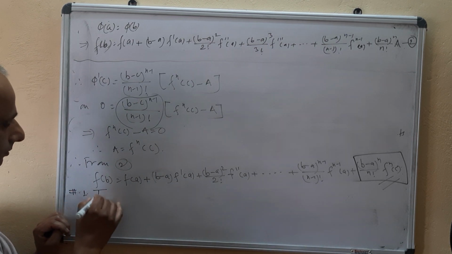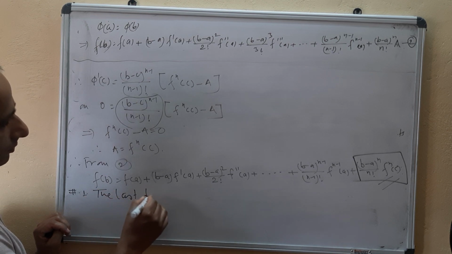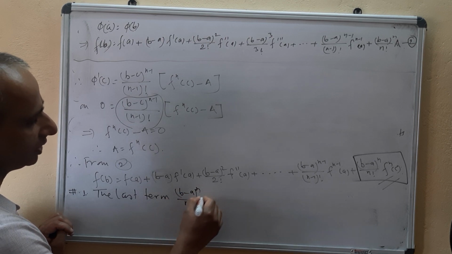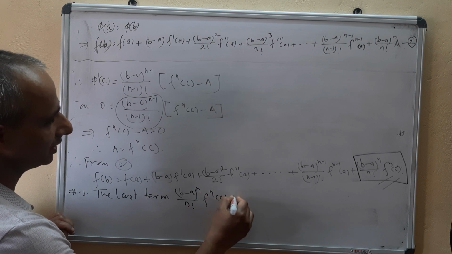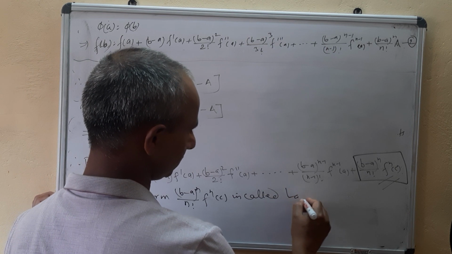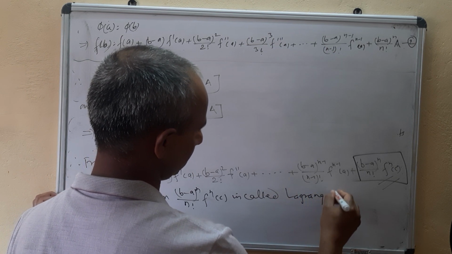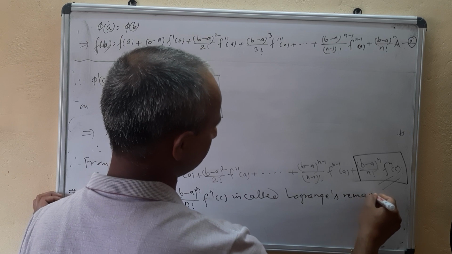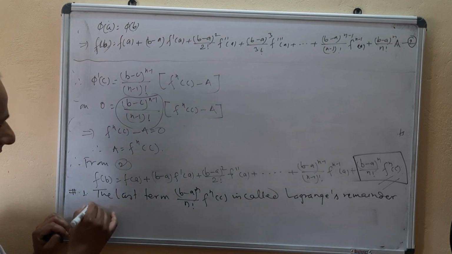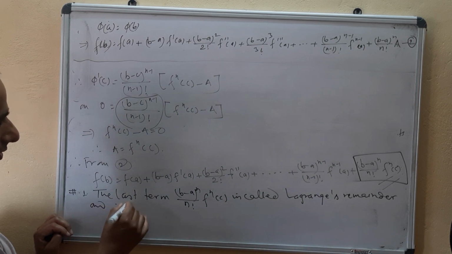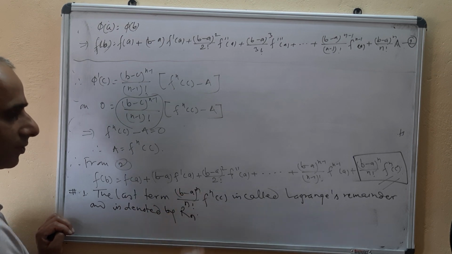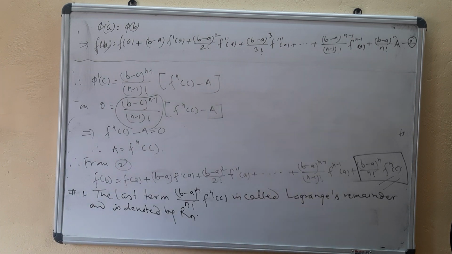The last term, (b minus a) whole power n upon n factorial fn of c, is called the Lagrange's remainder and is denoted by Rn, means remainder after n terms.